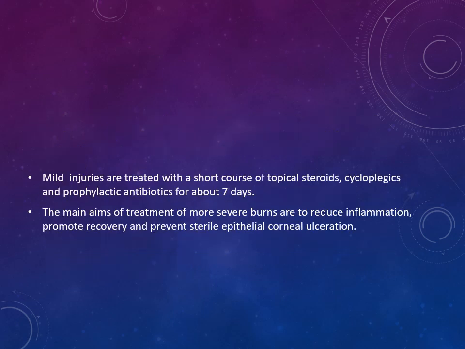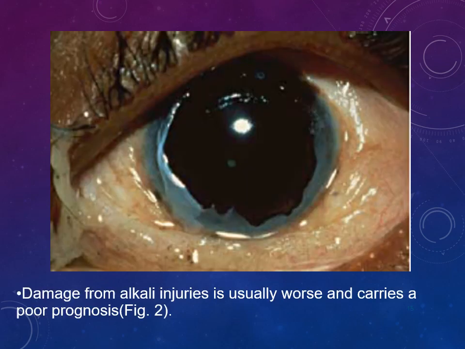For mild injuries, they usually are treated with a short course of topical steroids, cycloplegic agents to reduce the pain, and with prophylactic antibiotics for a few days. Generally speaking, the main aim of the treatment for severe burns is to reduce the inflammation, promote the recovery, and prevent sterile epithelial corneal ulceration, and also reduce the scarring that will happen after chemical injury.